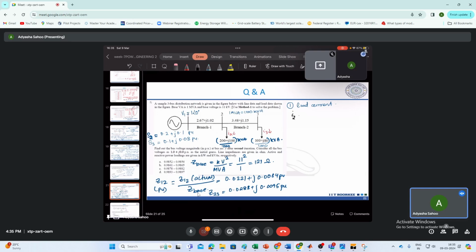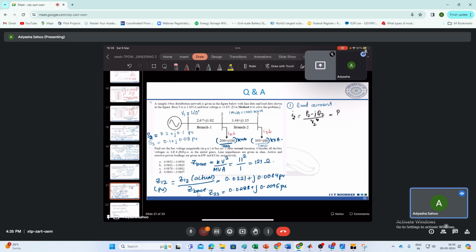So I2 will be S2 or P2 minus jQ2 divided by V2 conjugate, right? And for the first iteration we'll assume V2, V3 as 1 only.